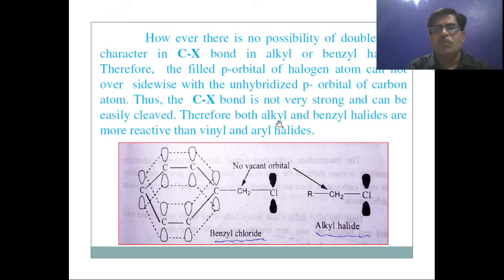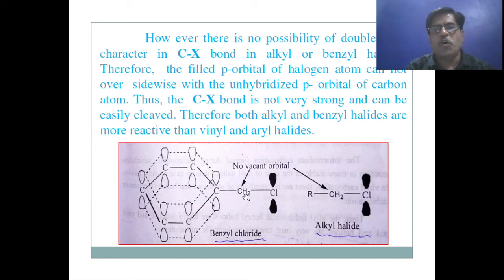Therefore, both alkyl and benzyl halides are more reactive than vinyl and aryl halides. So this is benzyl chloride, C6H5CH2Cl. Here, this CH2 group is attached to the halogen atom.